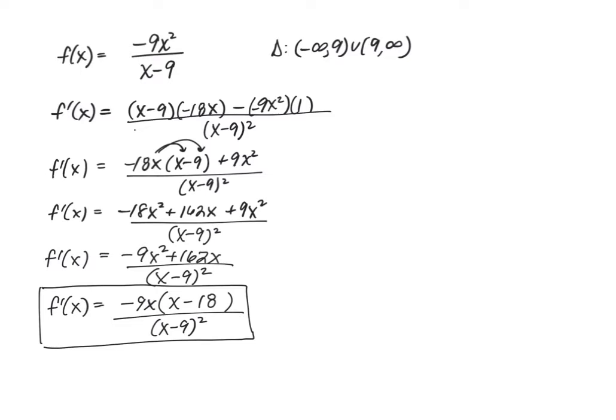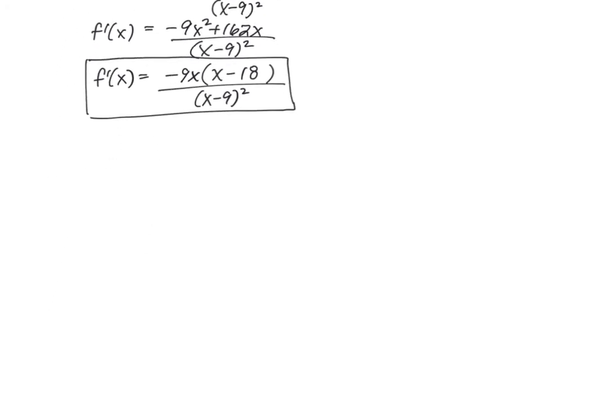And then we want to find our critical numbers. So from here, critical numbers are where the derivative is either equal to 0 or where the derivative is undefined. Now we know it'll be undefined when the denominator is equal to 0. So where x minus 9 squared is equal to 0, which would be at x equals 9.